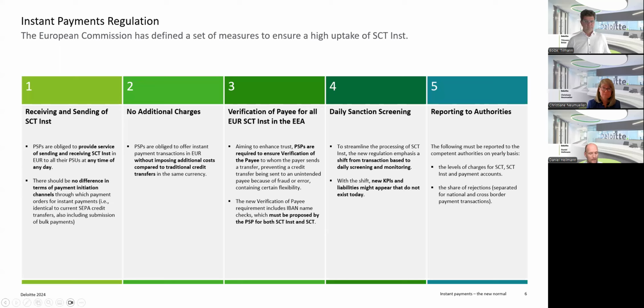And the important thing here is it's still in the end under the responsibility of the payer. He or she can always authorize the payment and overrule, let's say, the recommendation from the verification of payee function. This then most probably has an impact on the liability, especially when you overrule the information that you might misdirect a payment to a wrong account.